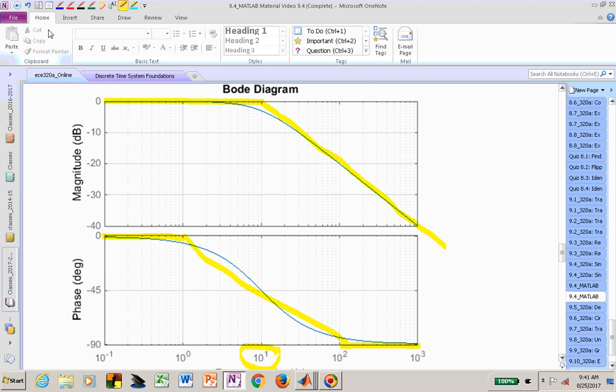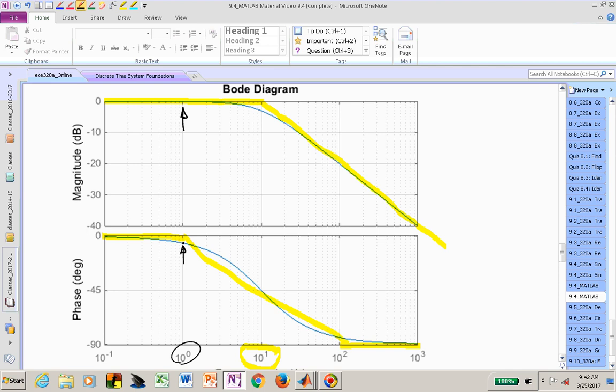But this now says that if I excited this system that has this for a frequency response with a sinusoid of 1 radian per second, I should get out an amplitude that is scaled by 0 dB. And 0 dB is a gain of 1, an absolute gain of 1. And the angle, I won't have too much delay, but I will have a little bit of a delay based on this point right there.